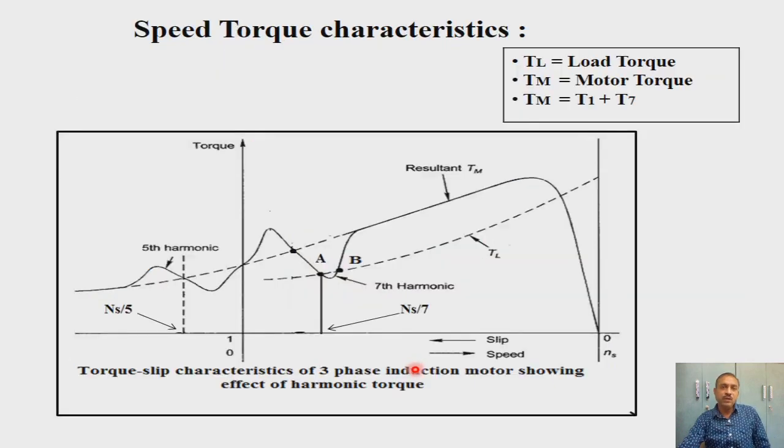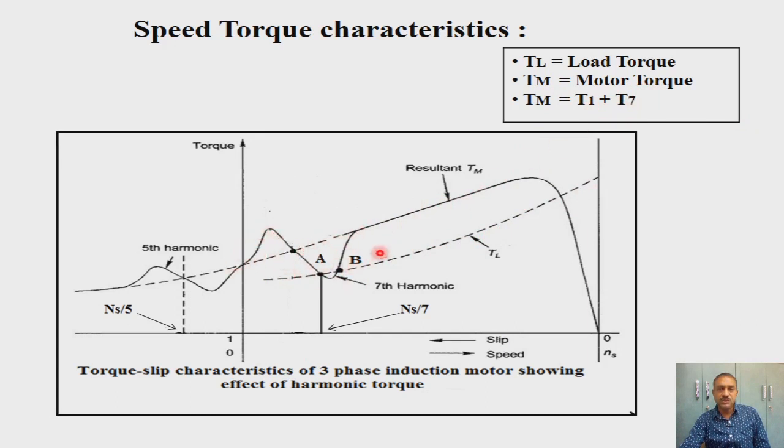This important graph is shown in this diagram, and this graph is the key to understand the crawling effect in the induction motor. In this graph we have shown a load torque, the dotted line. Then there is the motor torque, which is the resultant torque. The resultant torque is made from the fundamental torque T1 and the seventh harmonic torque, shown here.